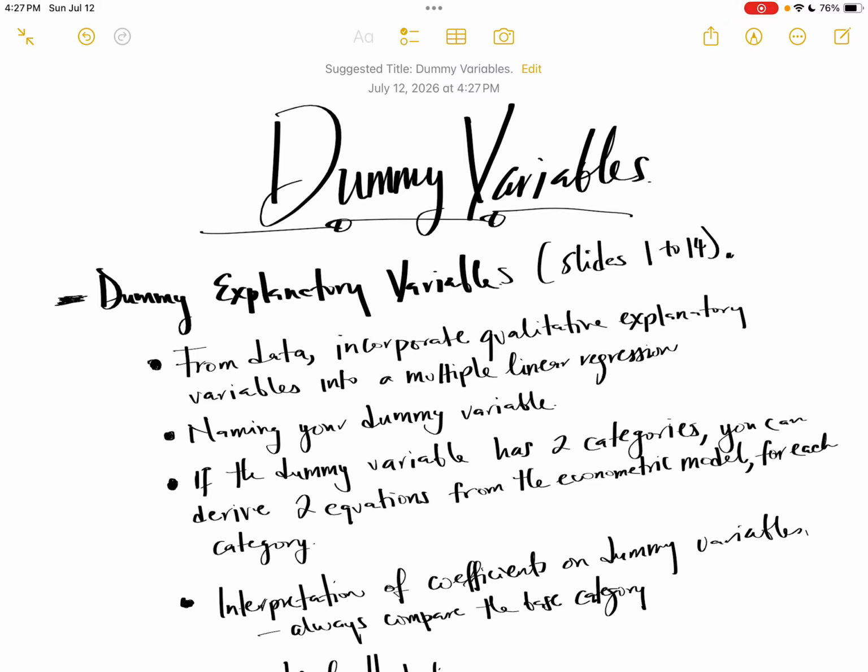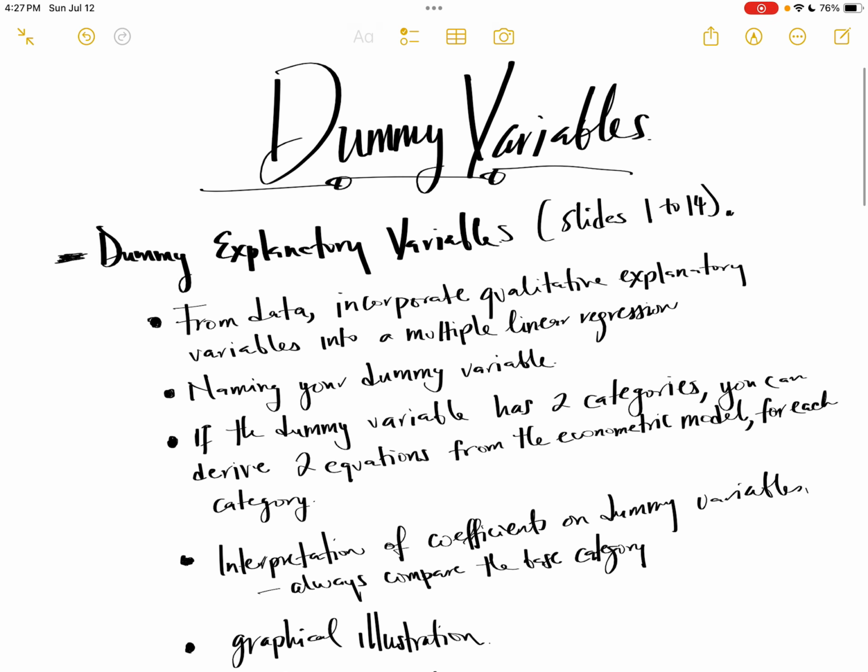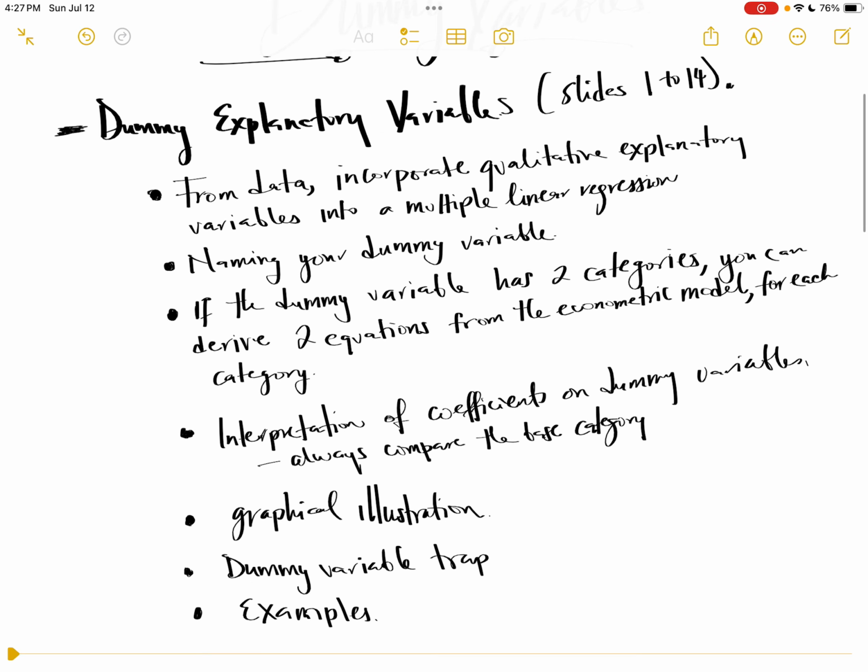We'll jump into that. Now, a dummy variable can have more than 2 categories, but if it has 2 categories, you can derive 2 equations from the associated econometric model, one for each category. Then we'll jump into interpretation of coefficients on the dummy variable, which we always compare to the base category.